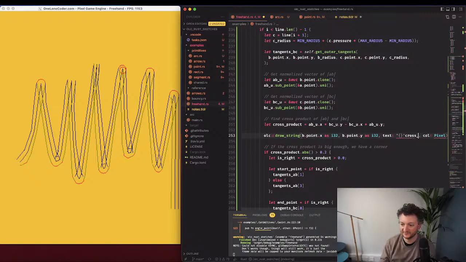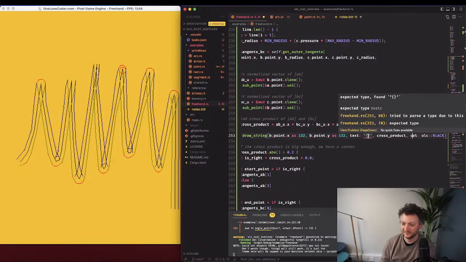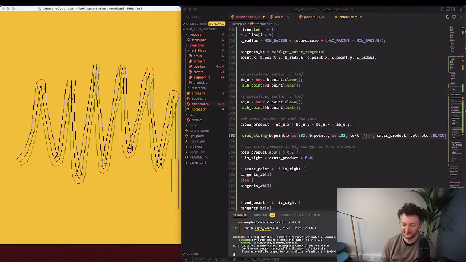It's the cross product, right? I want that to be OLC black. How do you do string concatenation? Or string templating, rather. String template, Rust. Gotcha. Format.